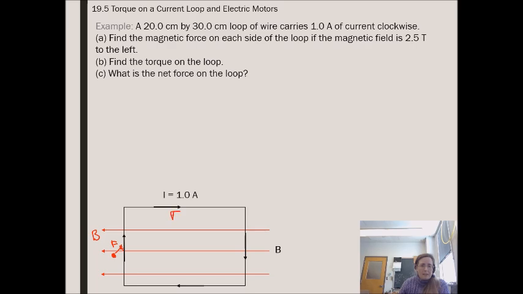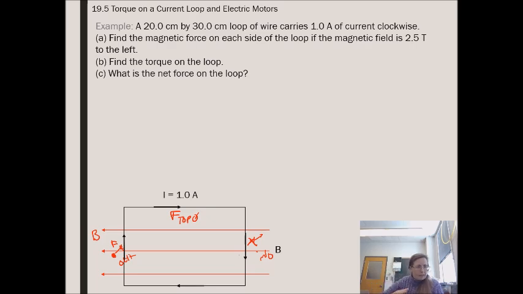And then we move to the other side where we have the current going down, so the thumb's going down, the magnetic field is still going to the left, so the force is going to be into the page. So we write that as a cross, going away from us. So this is out and this is into the page.